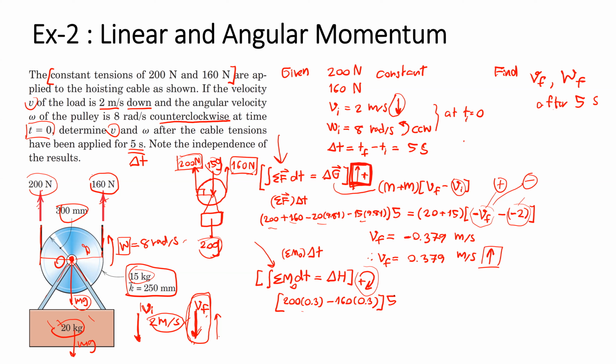The impulse equals the change in the angular momentum, delta H about point O, equal to the moment of inertia of the rotating part multiplied by the delta of the omega.